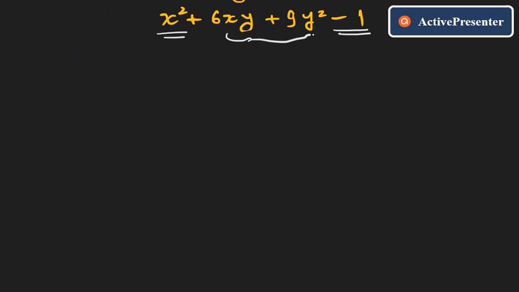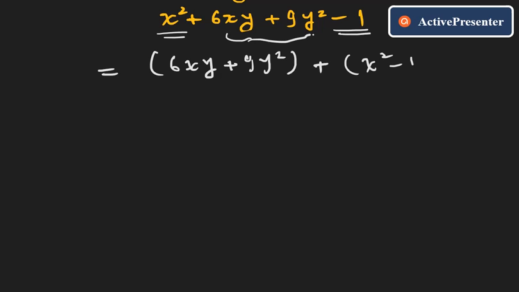Here we would have 6xy plus 9y squared, and here we would have x squared minus 1. If you factor this, take 3 outside and y, you would have 2x plus 3y. Here also this methodology will not work, so let's check if there is another thing we can do.